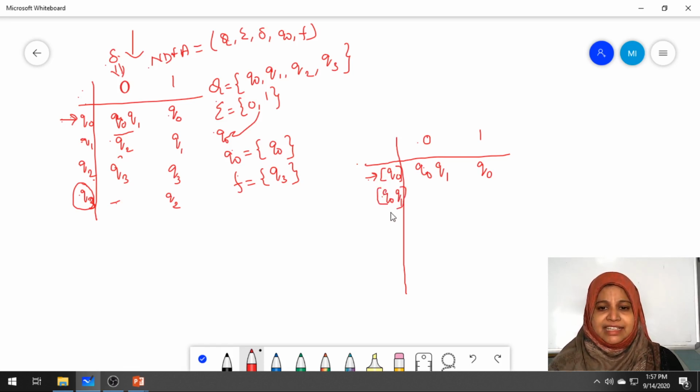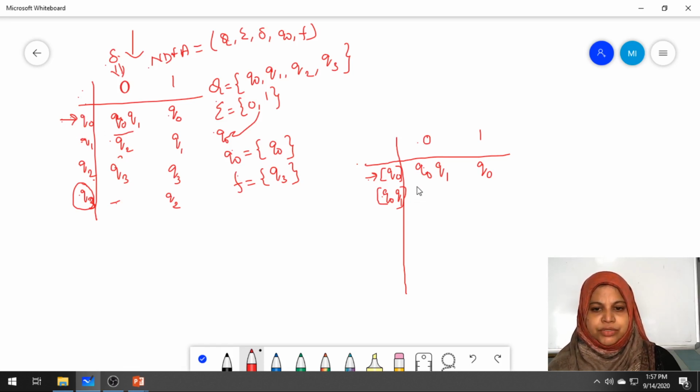Now draw the transition for the Q0, Q1 state. Two states are there. First take Q0 on 0: Q0, Q1.